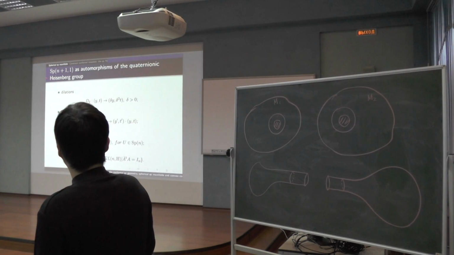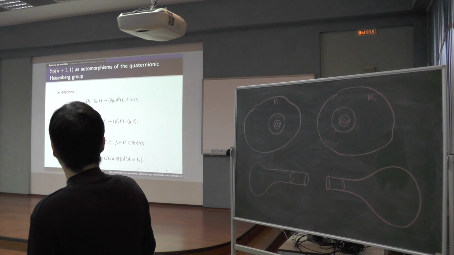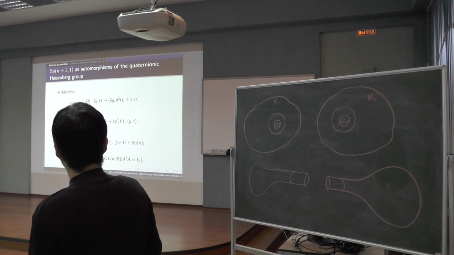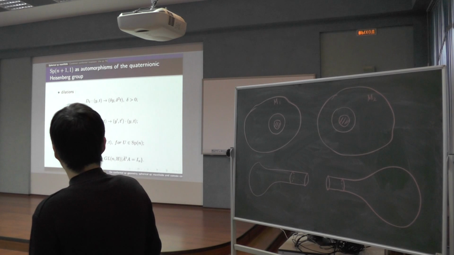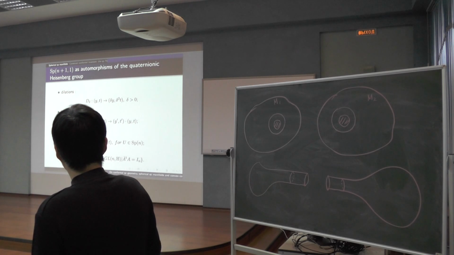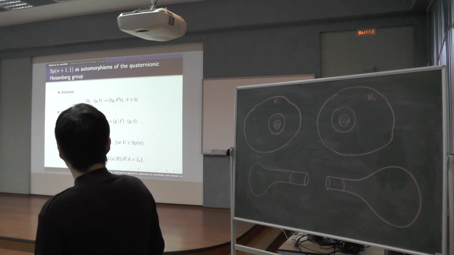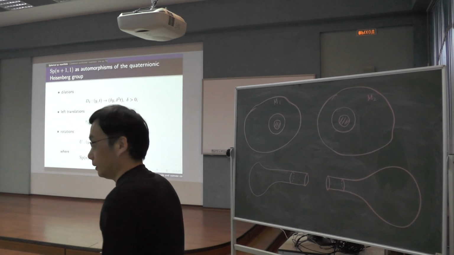And in our case, we will need Sp(n+1,1) as the automorphisms of the quaternion Heisenberg group. It consists of dilations, the usual dilations, left translations, and rotations. Because quaternion multiplication is not commutative, we choose the matrices acting from the right. And Sp(n) is the quaternion orthogonal matrix group.